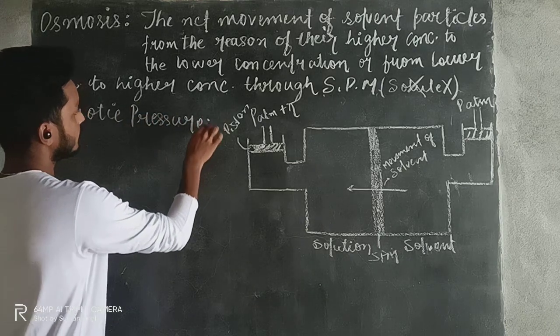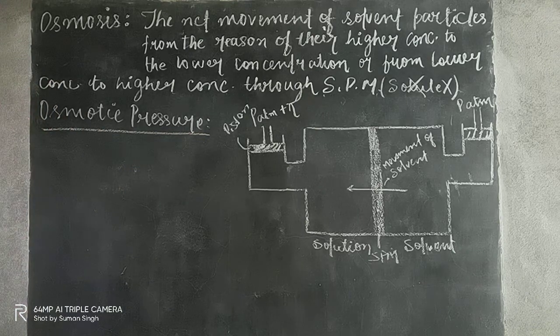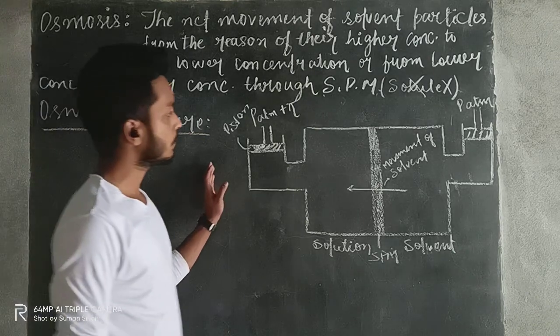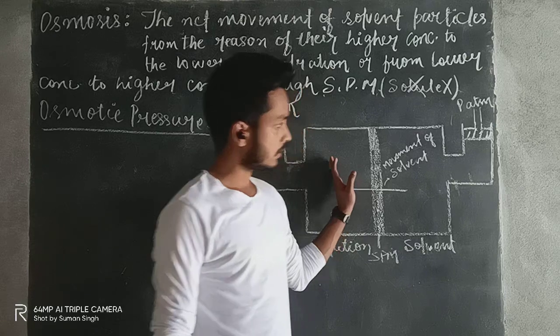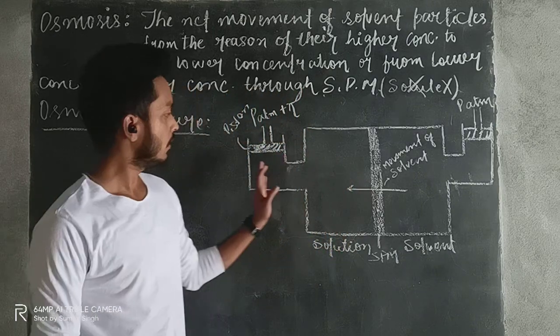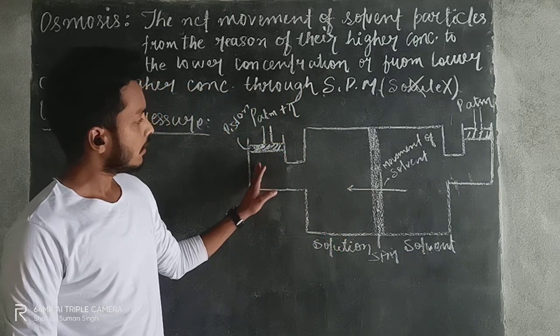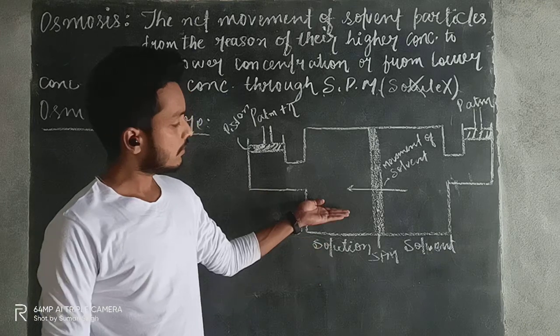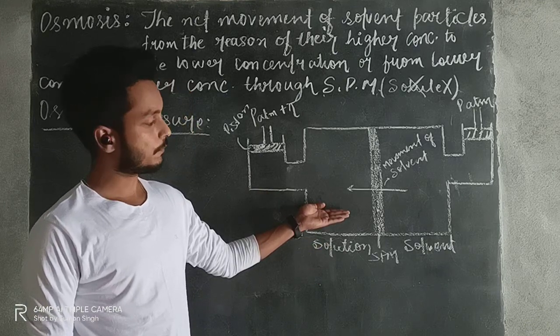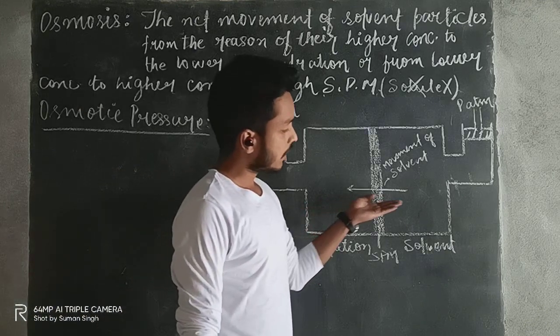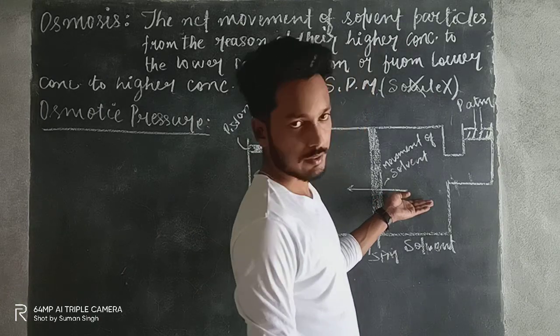When we are discussing osmotic pressure, I have drawn one diagram just to save time. See that on one side we have taken solution, and on the other side we have taken solvent.